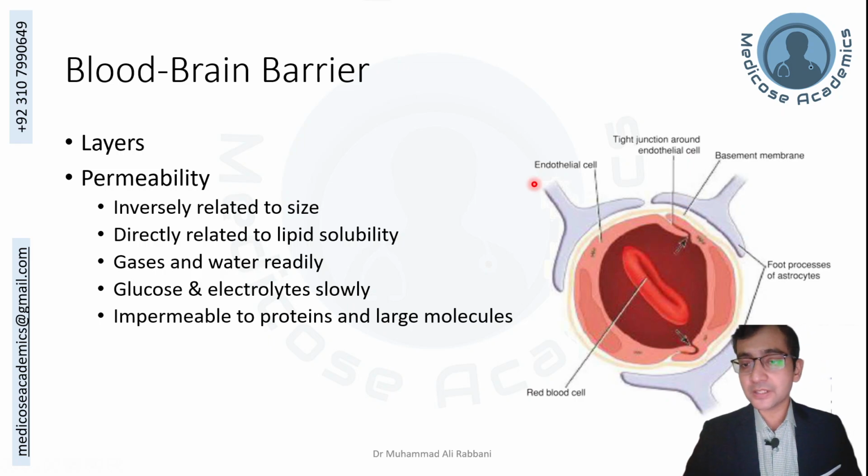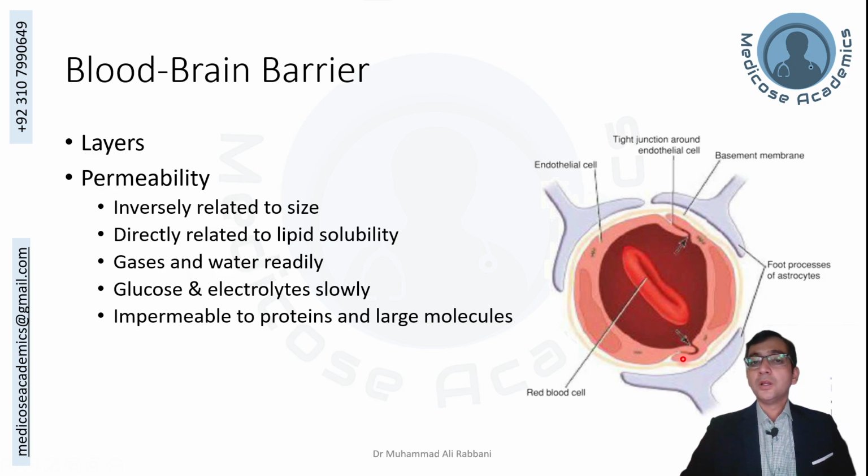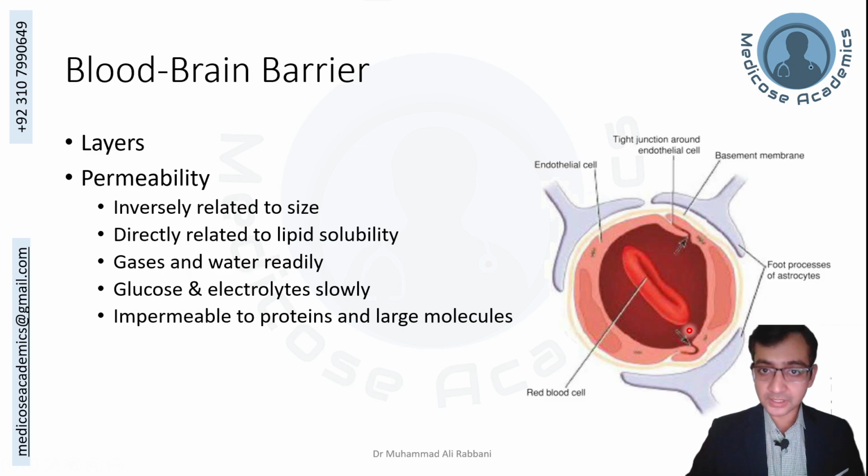The blood-brain barrier is made prominent by the endothelium of the capillaries. These are continuous capillaries, and the cells do not have any openings. The adjoining cells are very tightly packed together by tight junctions, so there is no leakage between the cells or through the cells.